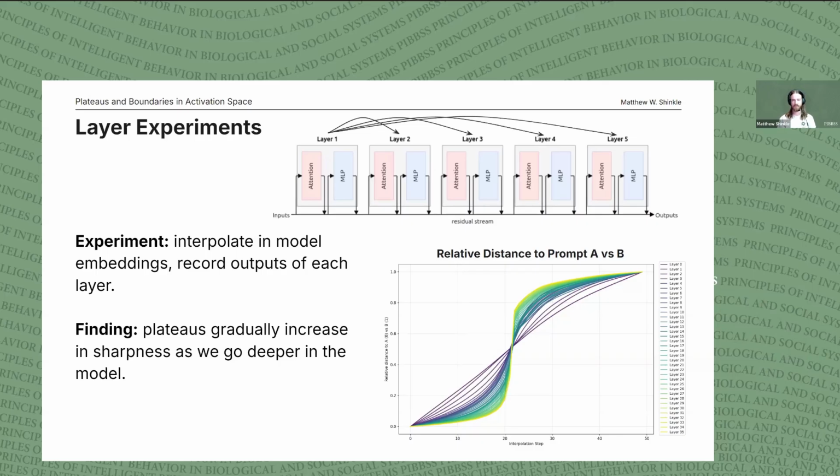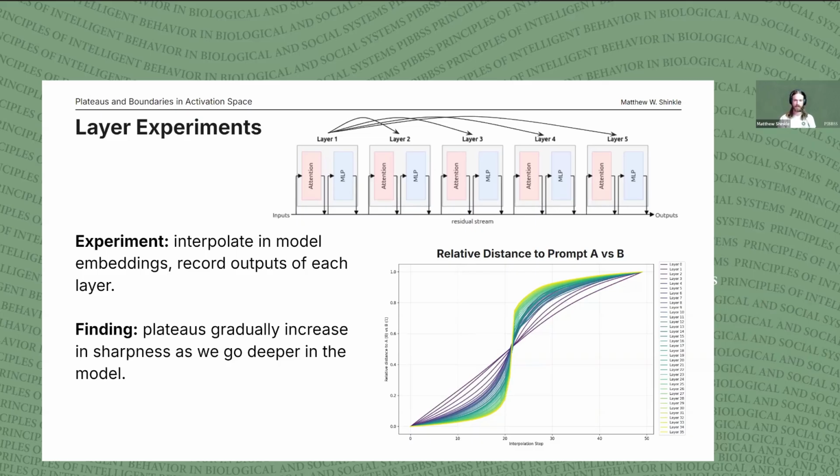Except in this case, instead of recording the final model outputs, I recorded the activations in each downstream layer from the interpolation. We could then measure the similarity of the responses in each layer to the responses in that layer at each of the reference prompts and generate a curve like before, but here with a different line for each layer.